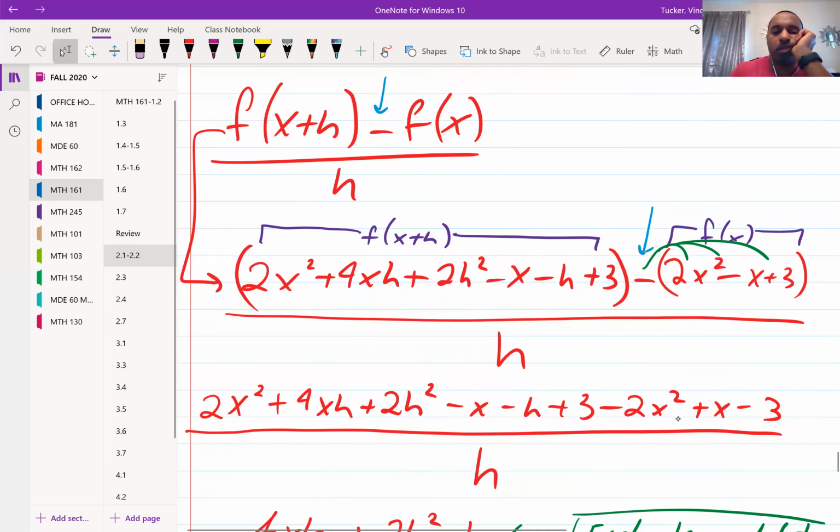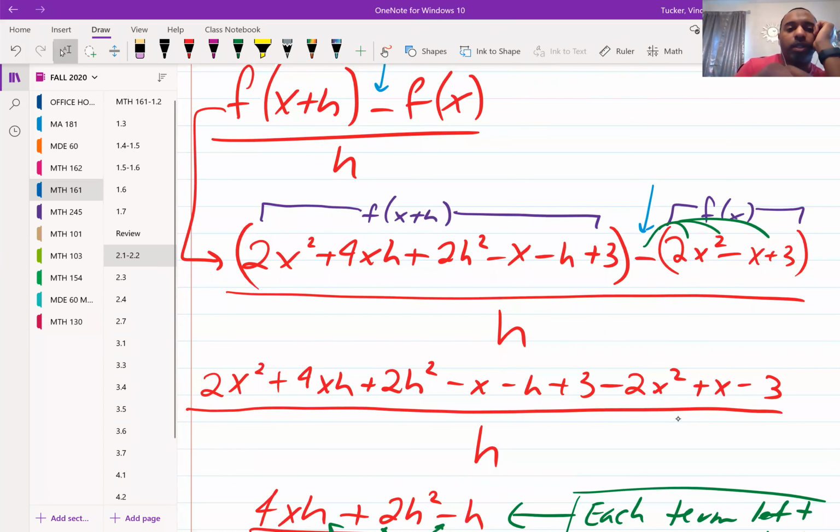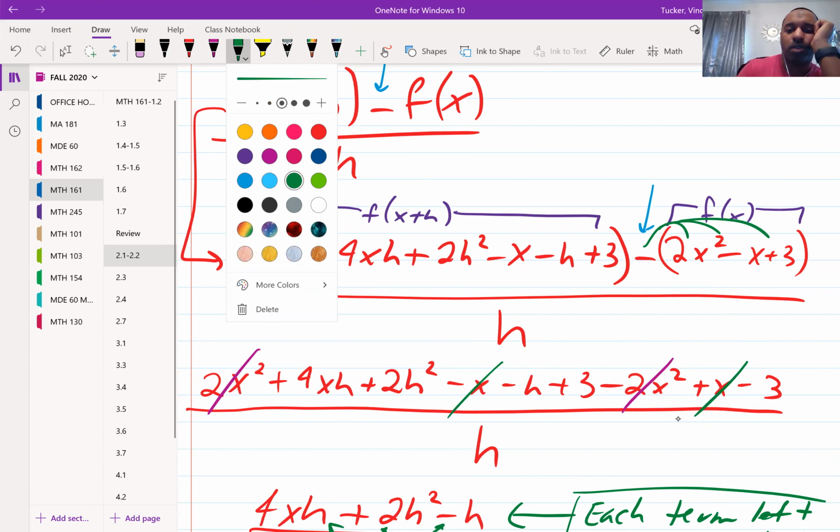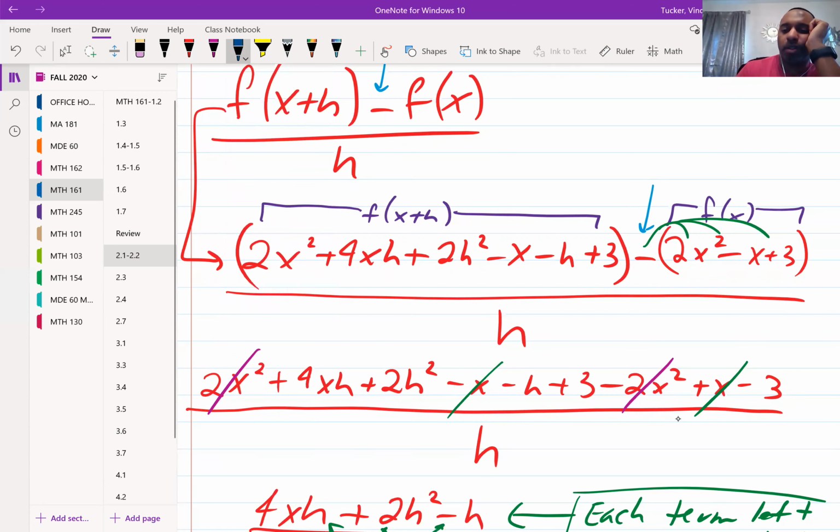All right. So now what's going to happen, we can cancel out like terms, 2x squared and negative 2x squared. Then we have x and x. Then we have 3 and negative 3.